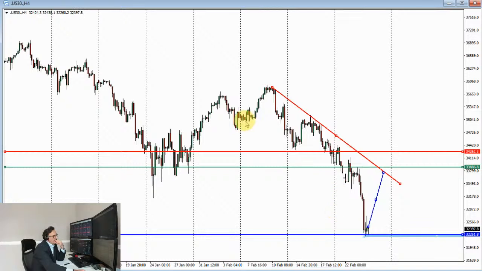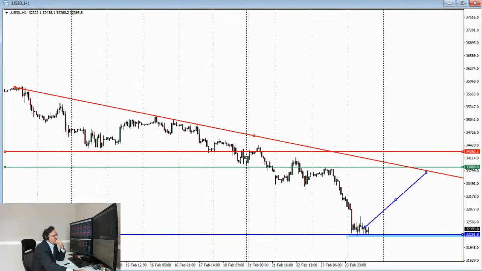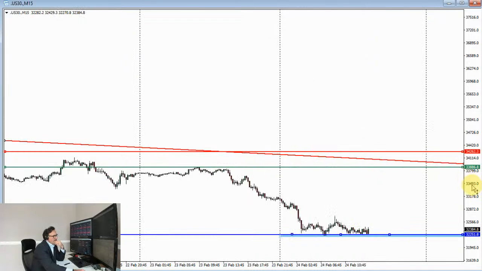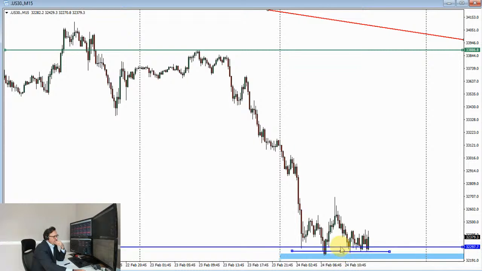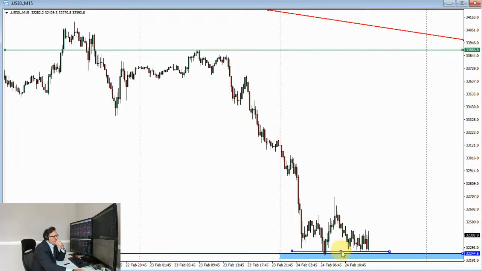Okay, so from the intraday point of view, if that's your support down here, and when the US markets open, if we see a bit of a rally from here, then I would be paying attention to the existence of these highs.